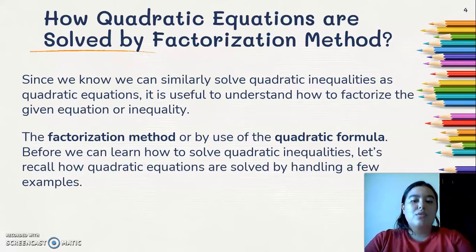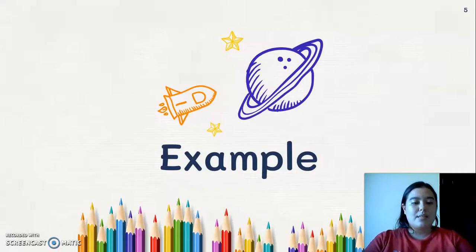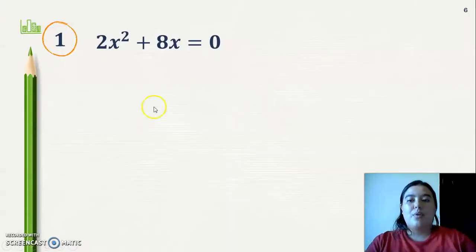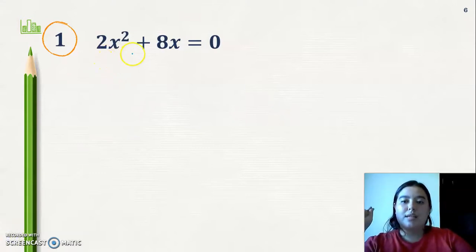Before we can learn how to solve quadratic inequalities, let's recall how quadratic equations are solved by handling a few examples. Okay, so let's see some examples. In the first example, we have 2x to the second power plus 8x equals 0. So the first step, we have to find the factors of this equation. How can we find them?